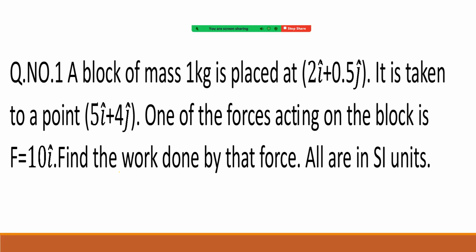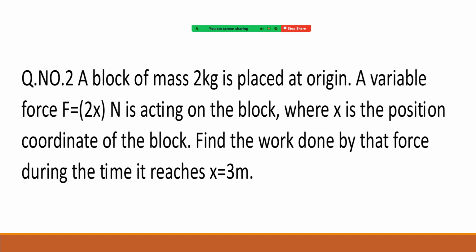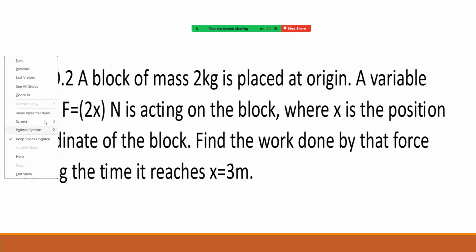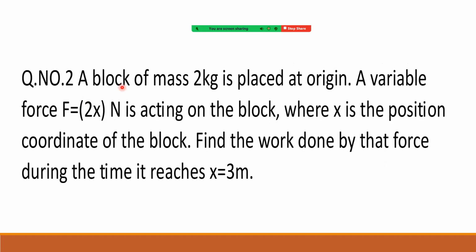See the next problem. A block of mass 2 kg is placed at the origin. A variable force F equal to 2x Newton is acting on the block, where x is the position coordinate of the block.